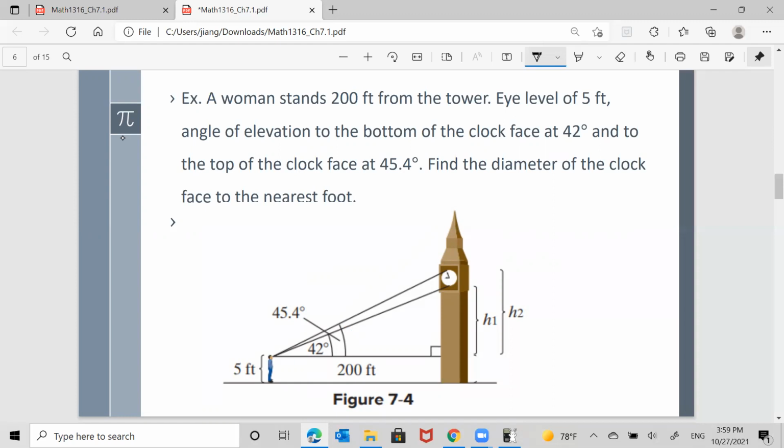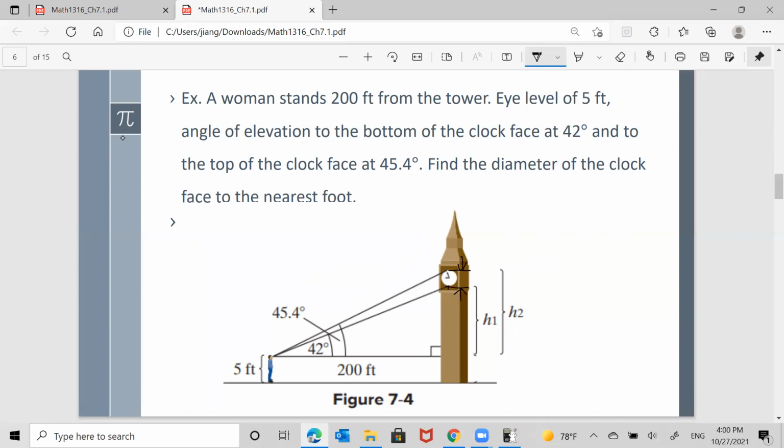The angle of elevation to the bottom of the clock, from here to here, this angle is 42 degrees. And to the top of the clock, from her eye to the top of the clock face, the angle is 45.4 degrees. Looking for the diameter of the clock face to the nearest foot, from here to here.